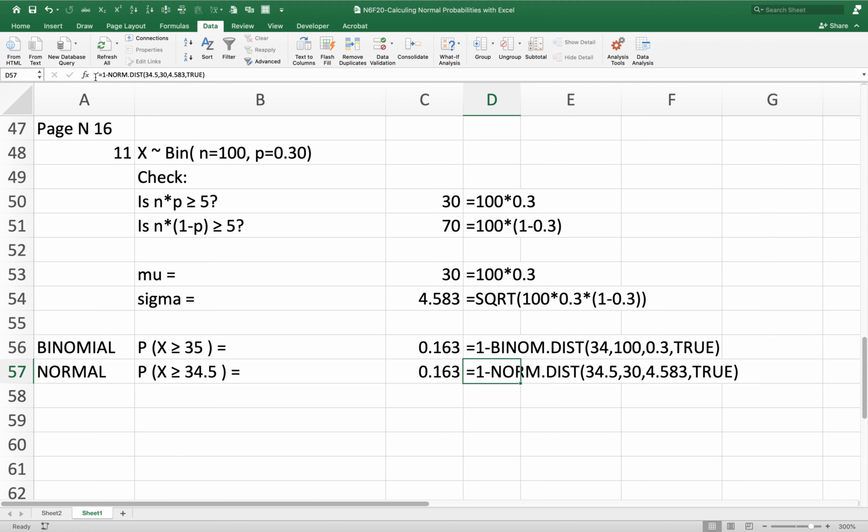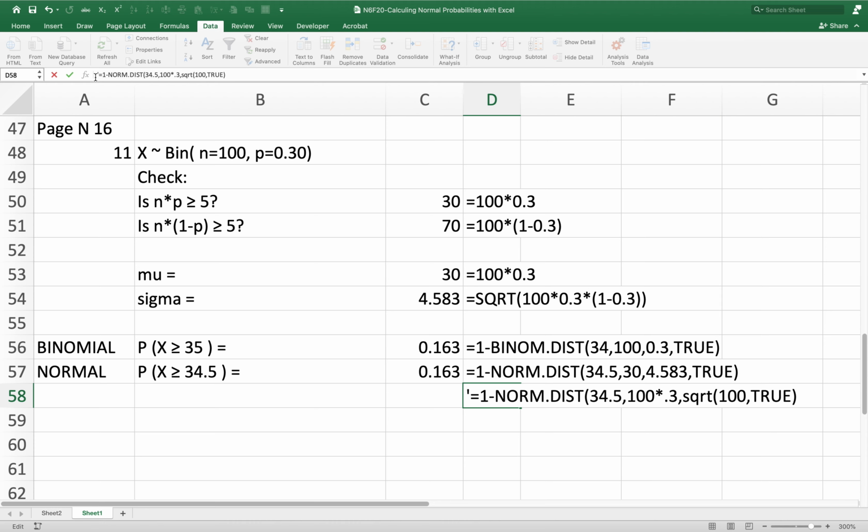Now, one thing to note about the norm.dist function is that we could change this slightly so that we're not having to pull out our calculator. We could type in 100 times 0.3 right there. And instead of 4.583, you could put in the function square root of 100 times 0.3 times 1 minus 0.3, or I guess you could put in a 0.7 there.